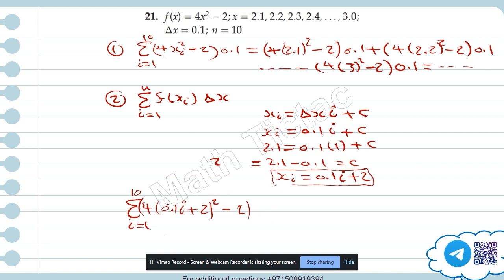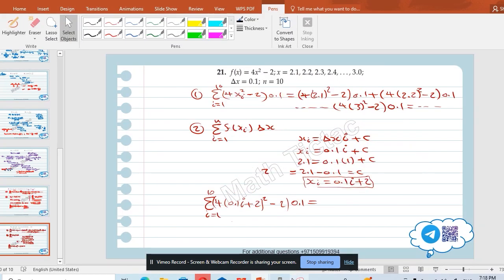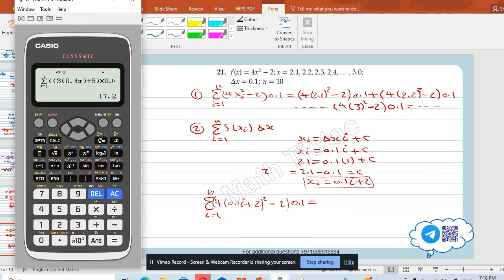So now let's substitute directly in the calculator. Also you can do it manually, by the way. If you would like to do it manually, you can do this. So this is shift, okay, so in here 1, in here 10, and here we have what?